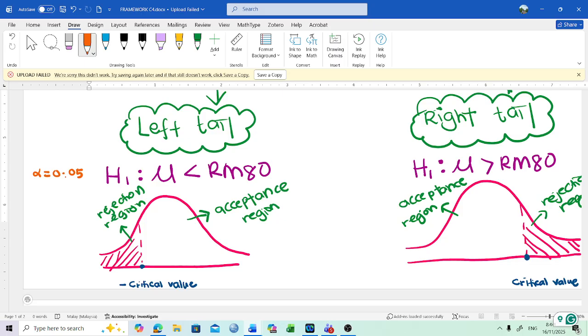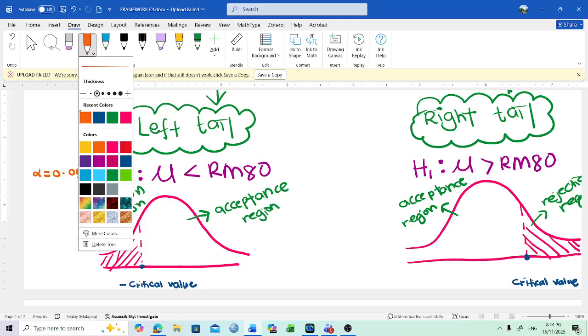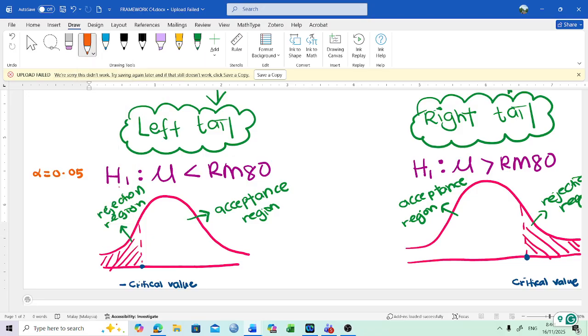I start with the left tail first. Left tail, how to find? This is how we find the critical value, CV. As I mentioned earlier, if it is left tail, then the critical value will be a negative value. Alpha is equal to 0.05.